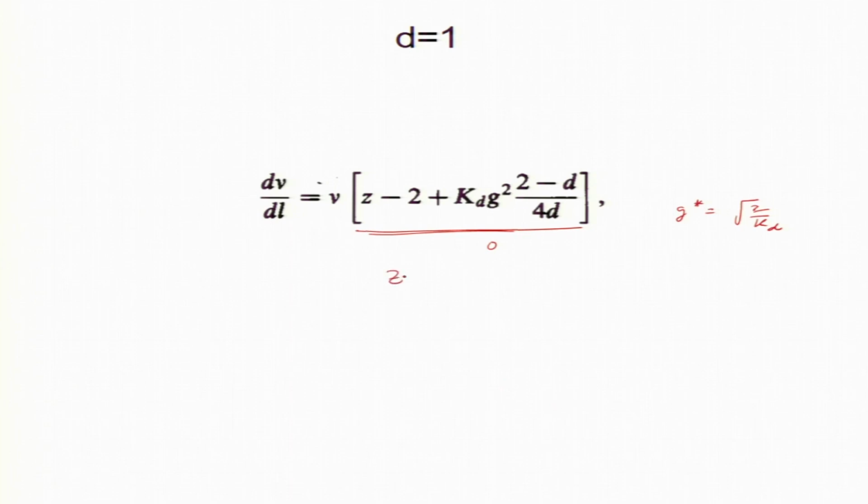So, z minus 2 plus k d, G square is 2 by k d, and d equal to 1, so 2 minus 1 by 4. So, k d cancels, this cancels, and this is 0. So, z equal to 2 minus half, which is 3 half.